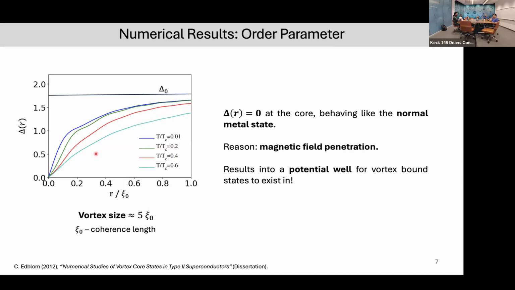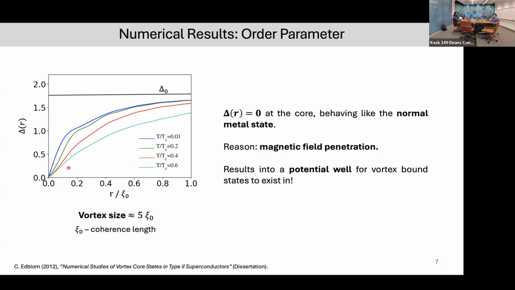So here I'm expressing the order parameter as a function of distance from the vortex core for different values of temperature relative to the critical temperature of the superconductor. This straight line is the BCS band gap value, which is just a constant over the distance. But for a vortex, it changes.